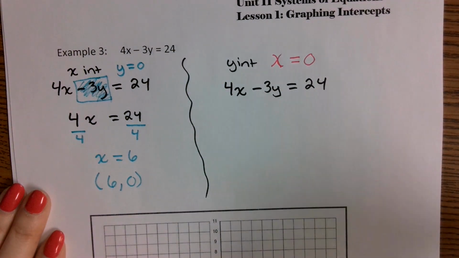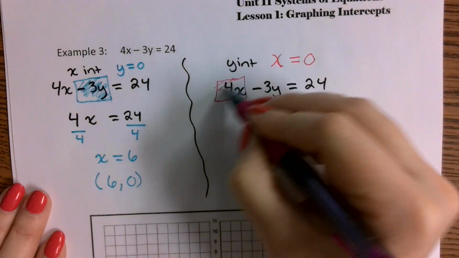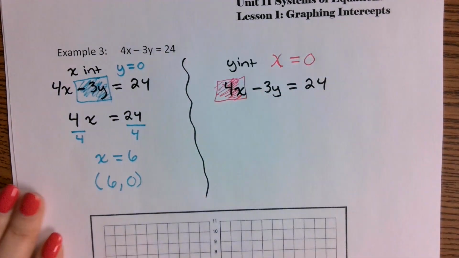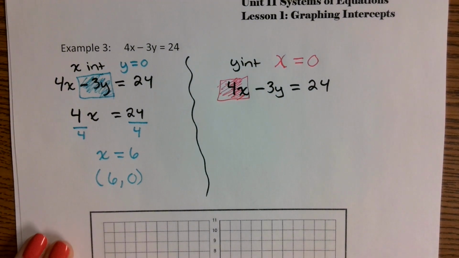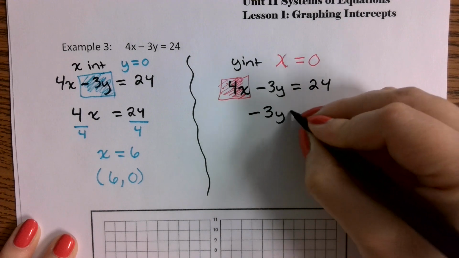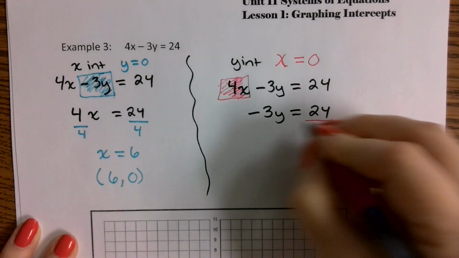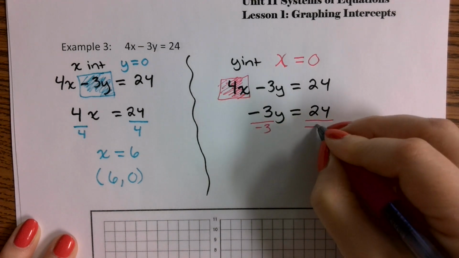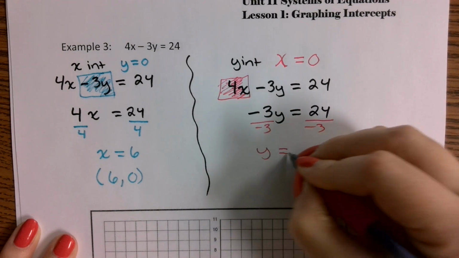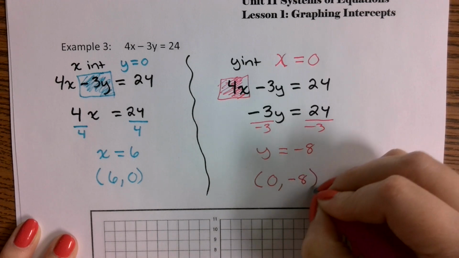If I plug 0 in for x, it's like I'm taking that x term and it no longer exists. I'm just crossing it off. And so what I'm really left with is the equation negative 3y is equal to 24. To solve for that, you would just divide both sides by negative 3. And you get y is equal to negative 8. So you have 0, negative 8.